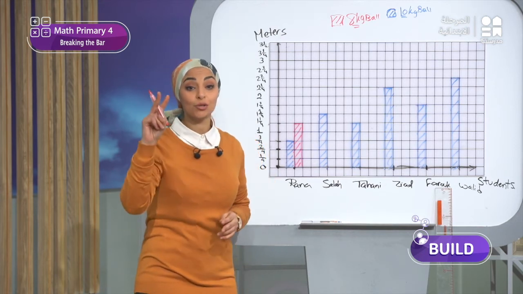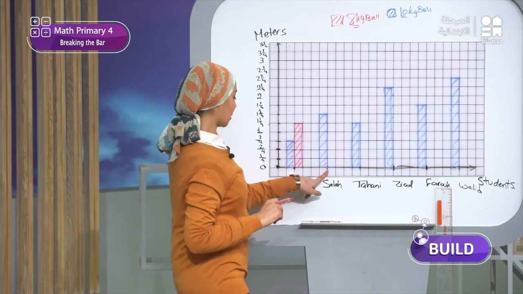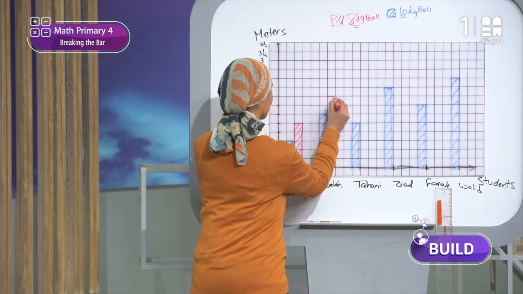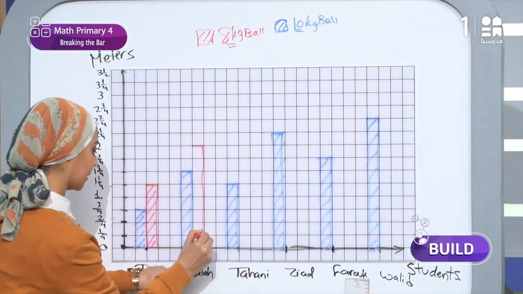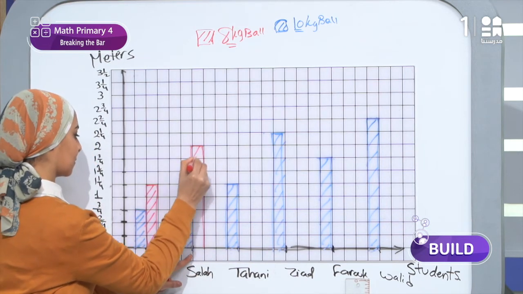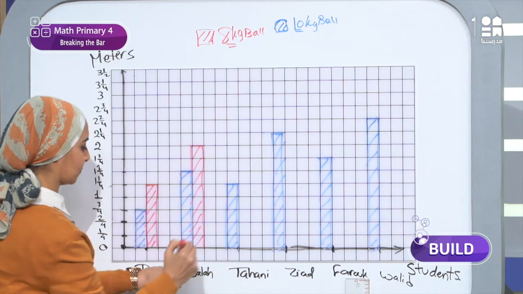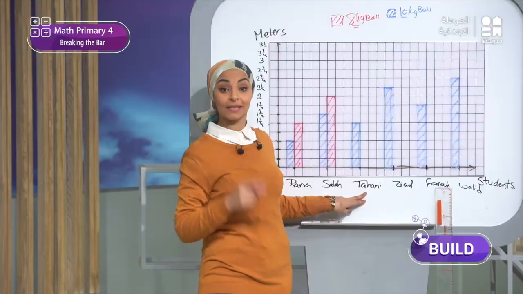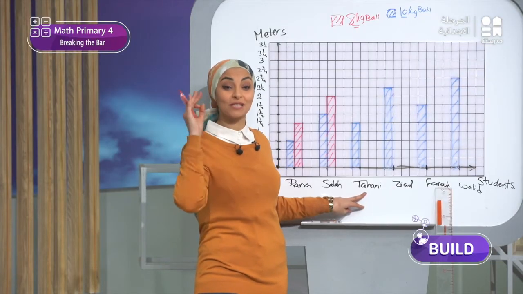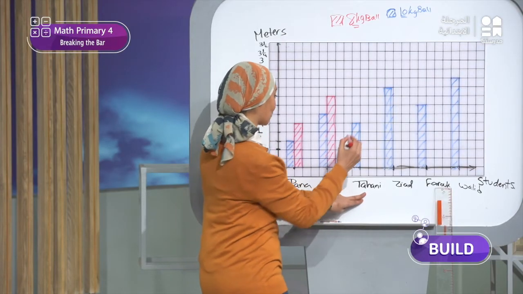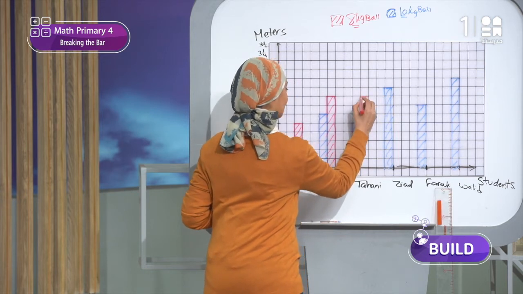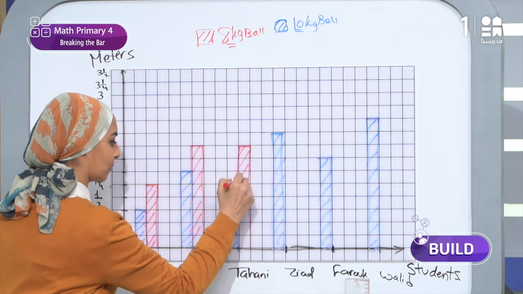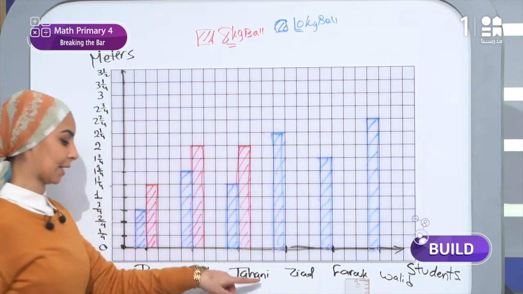It is at 2 meters. So I will go to Salah, end at 2 meters and draw the double bar here like this and shade it in red. And now what about Tahani's double bar? Here's Tahani. Yes, she recorded 2 meters, exactly like Salah. So I will go here at 2 meters and draw the second bar for Tahani.